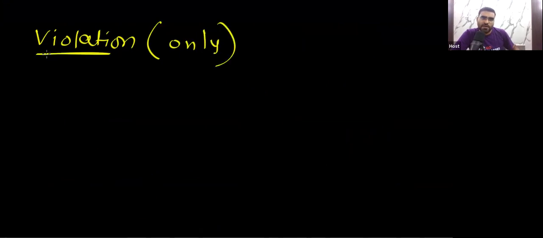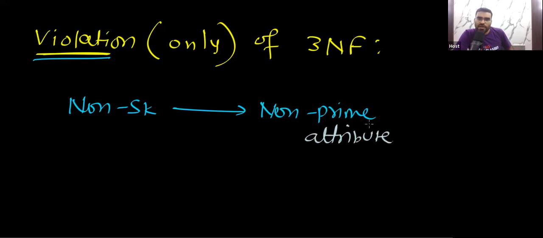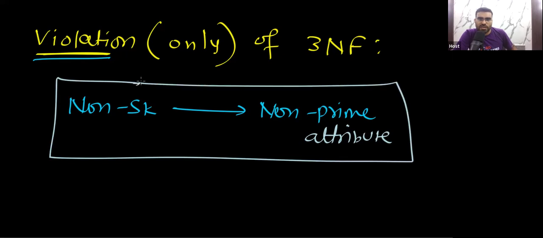The violation of 3NF is a non-super key determining a non-prime attribute. This is the only violation of 3NF. There is no other violation.